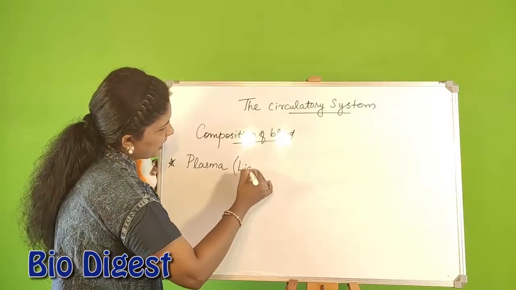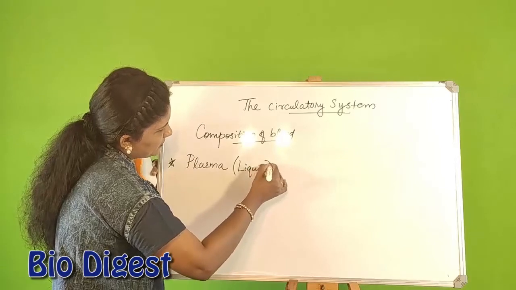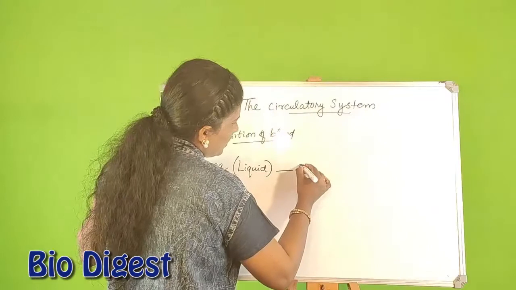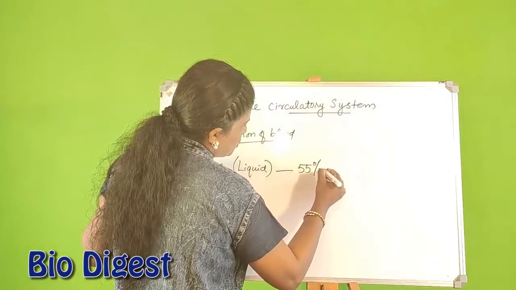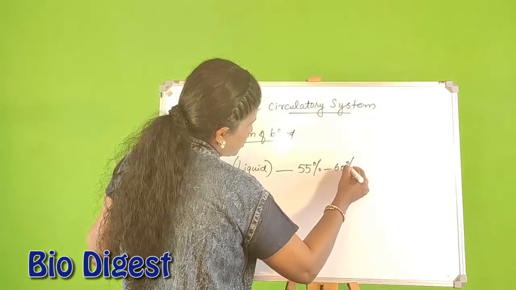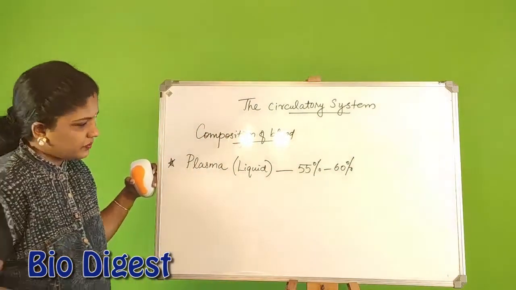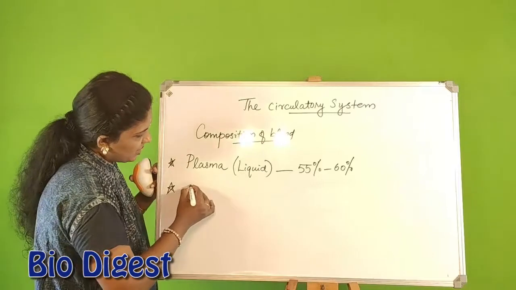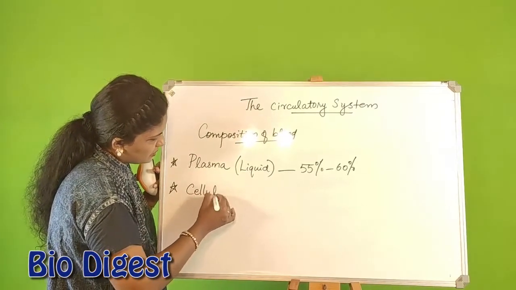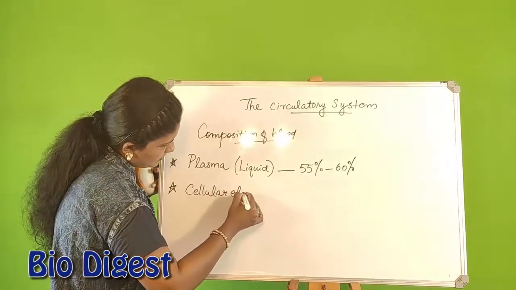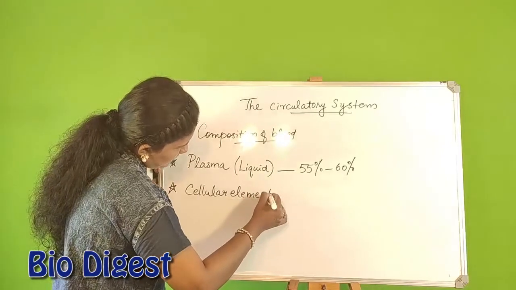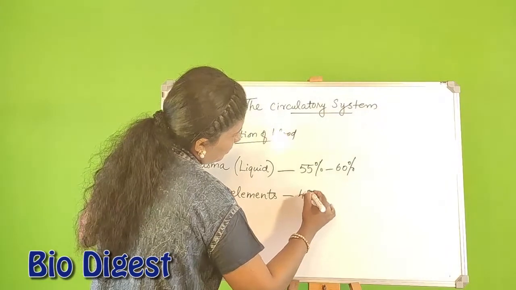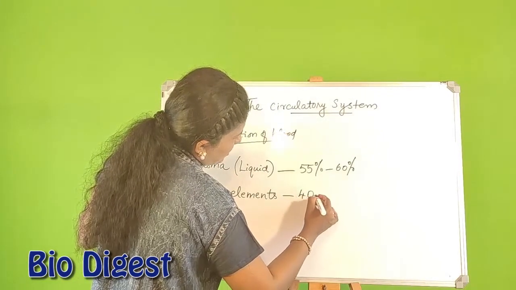Plasma is the liquid part of the blood, which constitutes about 55% to 60%. The second constituent of the blood is the cellular elements, which consist of 40 to 45%.